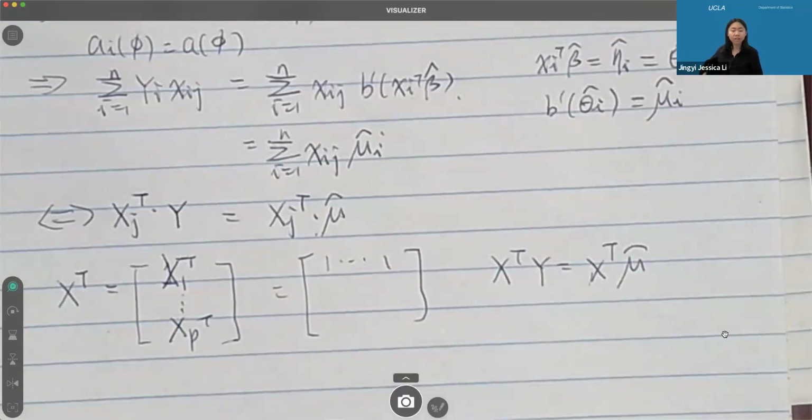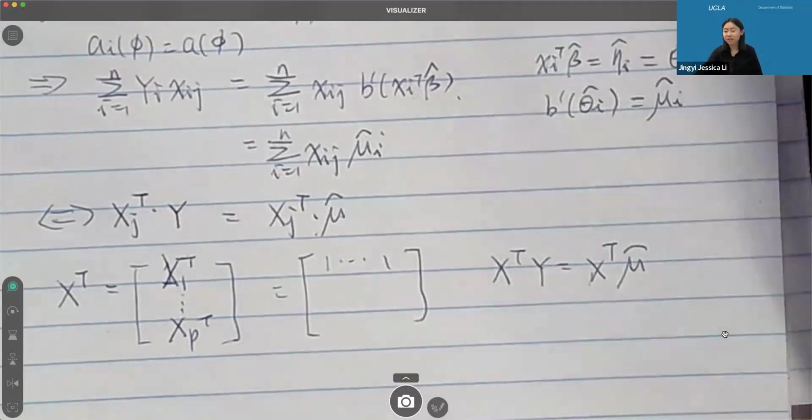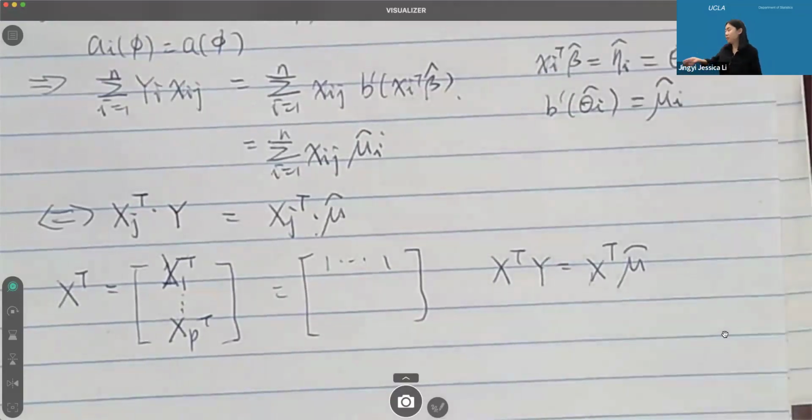Okay, so I think this is a way to justify that using the GLM with canonical link function, you have this nice property that your predicted response matches your actual response. It matches overall as a sum, and it matches within each categorical predictor level, within that level, by the sum.